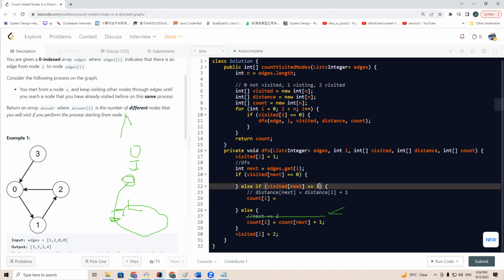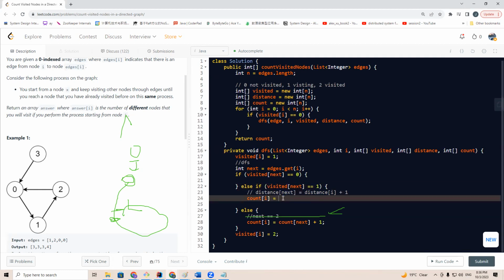But if it's 1, it means we already visited this next in our previous step. So the number of nodes in the circle will be distance I plus 1 minus distance next. Okay.